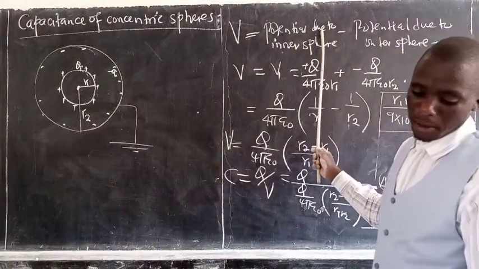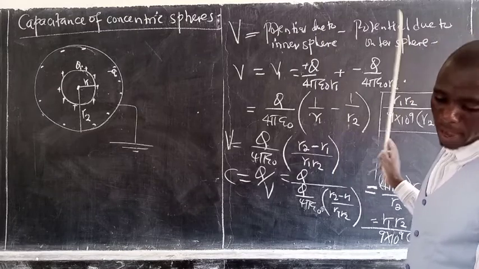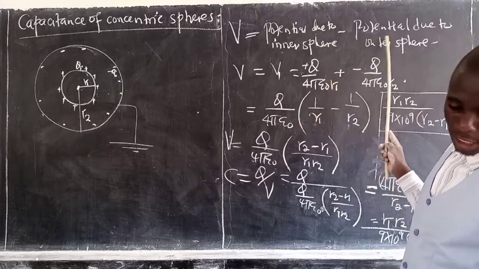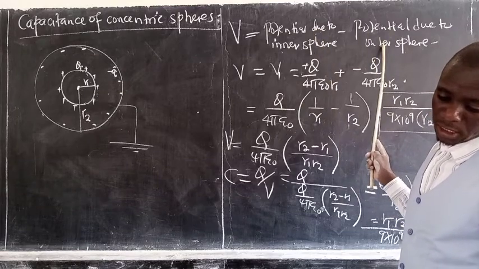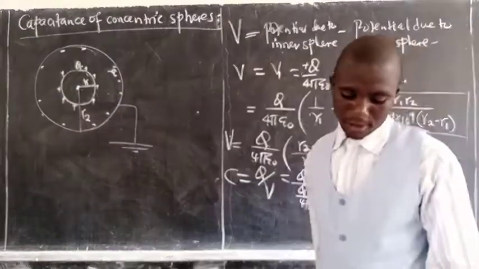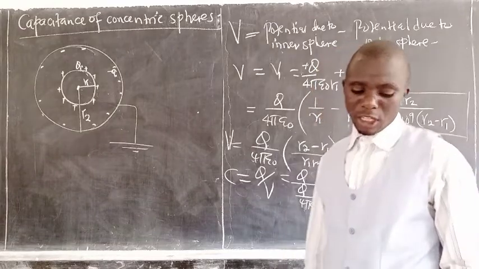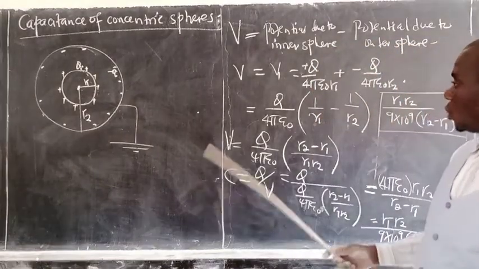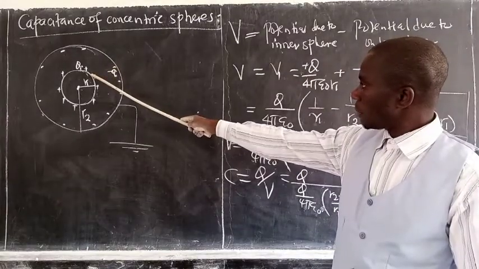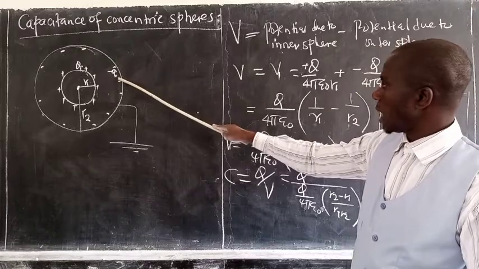The PD across the arrangement is equal to the potential due to the inner sphere, minus the electric potential due to the outer sphere, but then that one is zero, since this outer part is Earth. And therefore the PD of the whole arrangement is equivalent to the potential due to this plus the potential due to that.